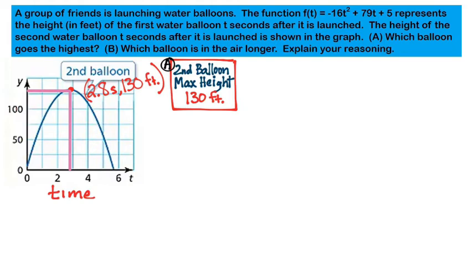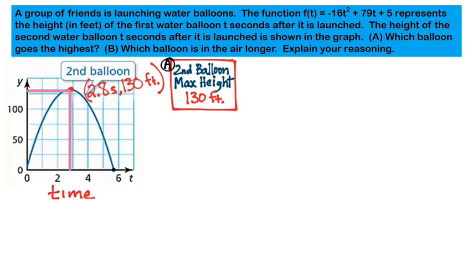For part B, they want to know which balloon is in the air longer. Well, we're going to need to take a look again at the x-axis, and remember they're counting by ones. In order to estimate when the balloon is no longer in the air, we need to find the time at which the balloon reaches a height of 0 on its way back to Earth.